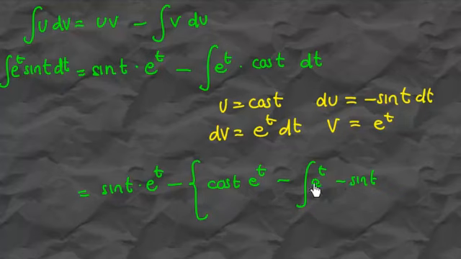And we have two minuses here, so we can make it into a plus. Plus sine t dt.